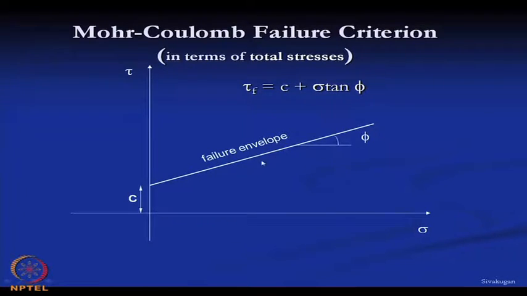The shear strength expression is C plus sigma into tan phi. Tan phi is the slope of this line, so if we know the slope of this line, we can determine the angle phi.